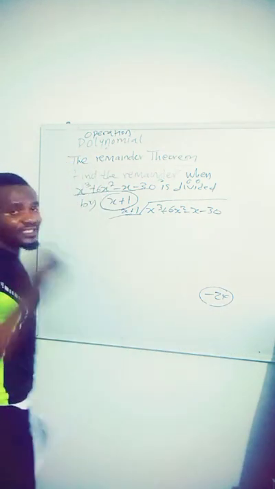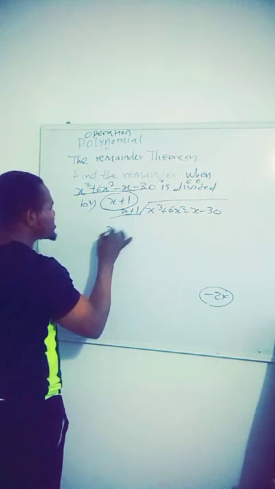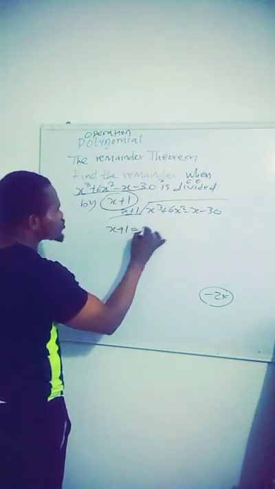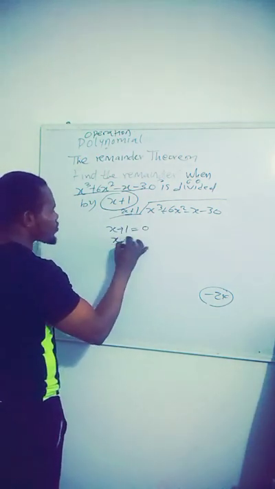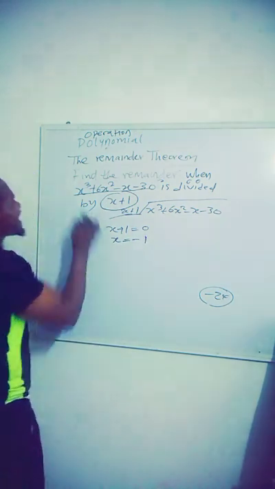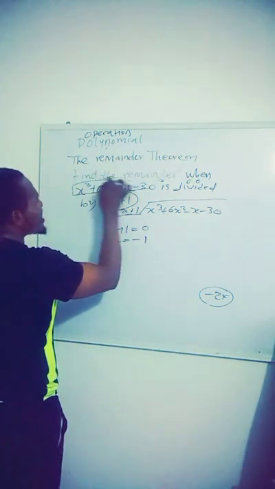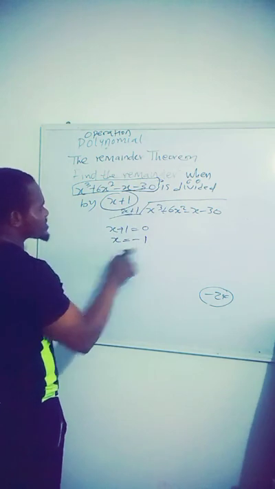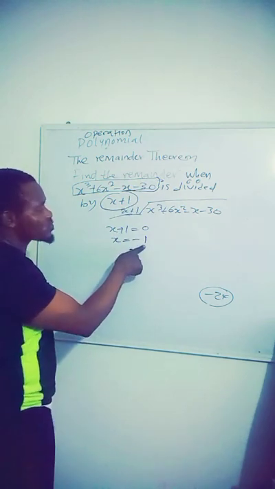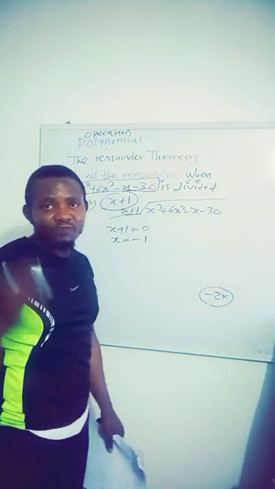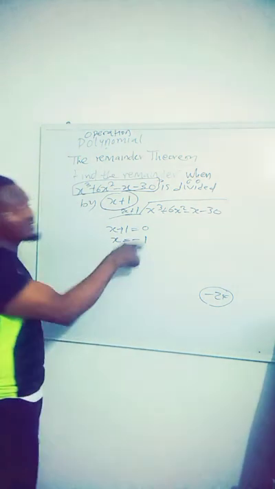I said the easiest way is to equate this factor to 0. Then s equals minus 1. It means that for me to find the remainder, wherever I see s, I will put minus 1. That is how I will find the remainder.